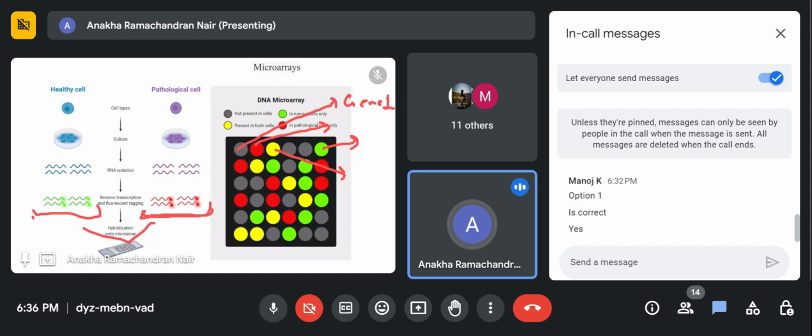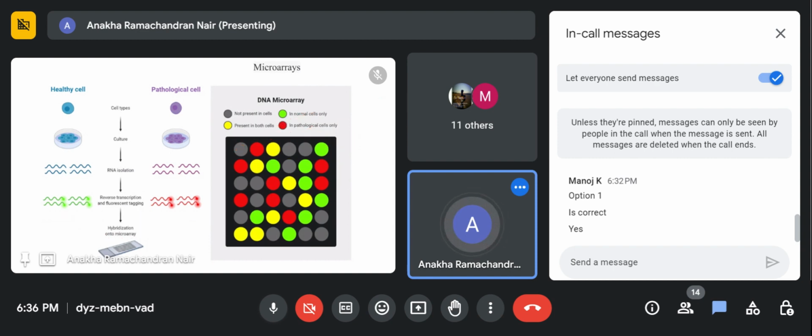That means this gene is active in the healthy cell as well as the pathological cell. So how this helps you is it will help you figure out the global gene expression in different cells. So you can figure out which gene is responsible for this pathological state.